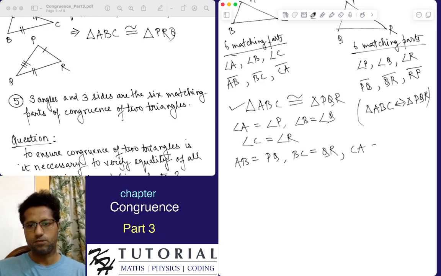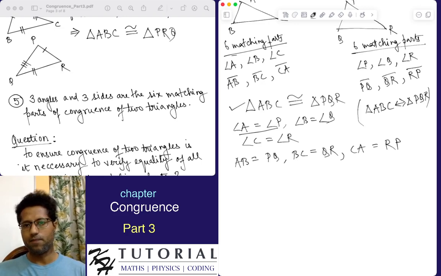So CA is equal to RP. You see that six matchings are happening. This is a matching pair. That is a matching pair. What is a matching pair? A matching pair is nothing but one part of one triangle and another part of another triangle.